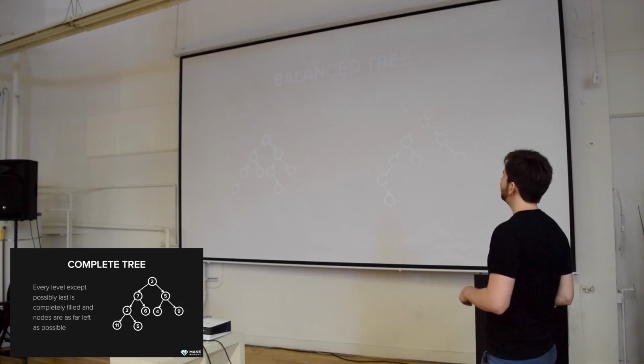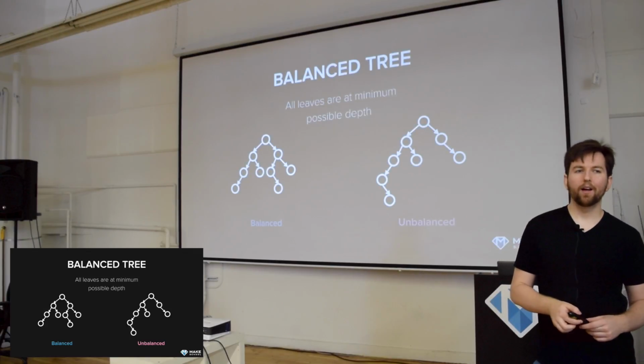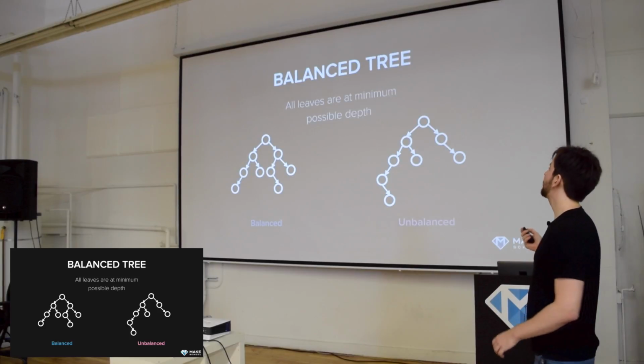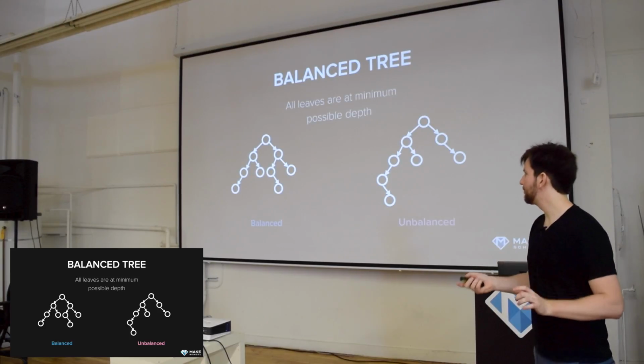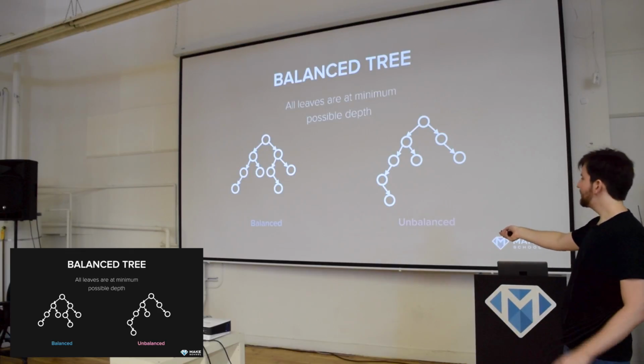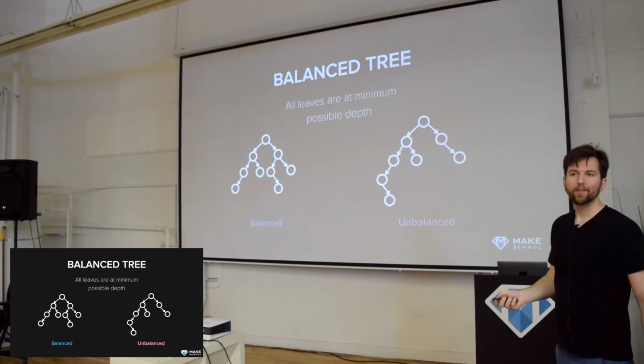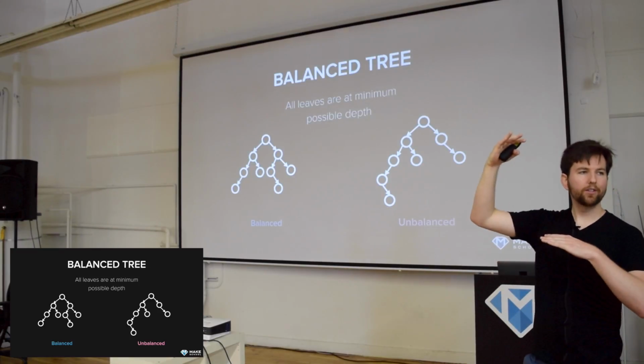Okay. So what about a balanced tree? Balanced trees are trees in which all leaves are at the minimum possible depth. That means this tree over here is not balanced because this leaf could be at, say, right here or right here, right? It could be at a level higher.